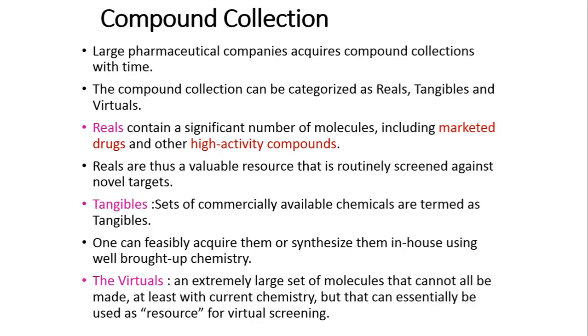Tangibles correspond to a set of compounds whose synthesis is difficult, but somehow it can be managed if one has a good medicinal chemistry or organic chemistry laboratory at hand.